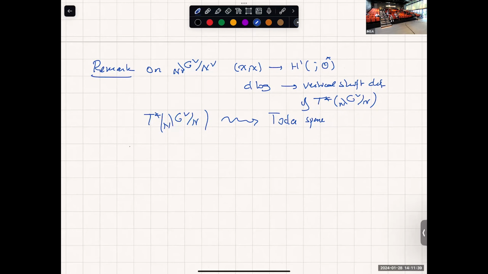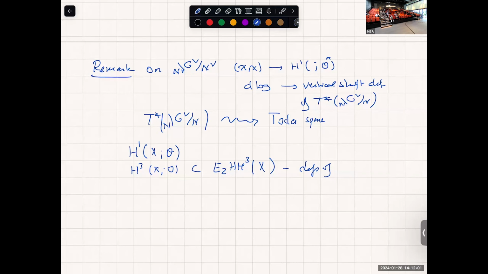Now a class in H1 of something with coefficients in O, well, it's not clear what it does, but a class in H3 of something with coefficients in O is part of the E2 Hochschild cohomology of X, which gives you deformations of the category or two-category of O-module categories.